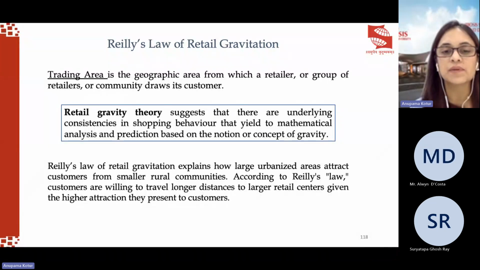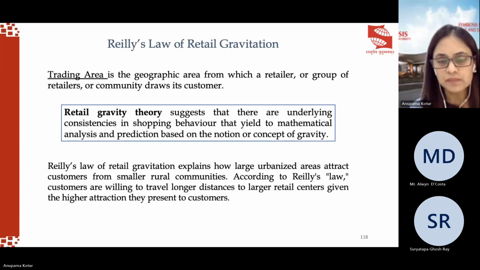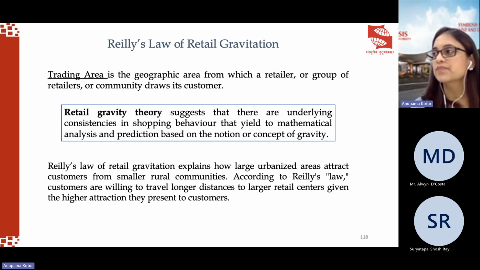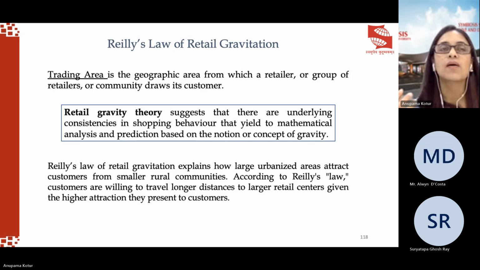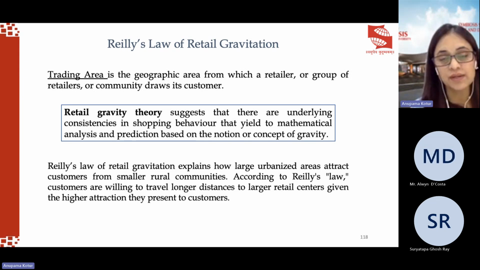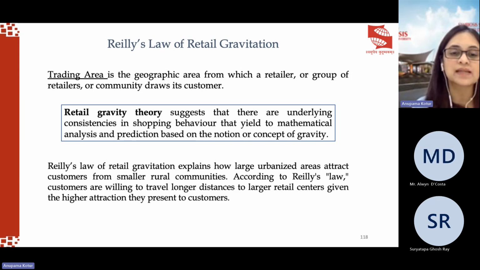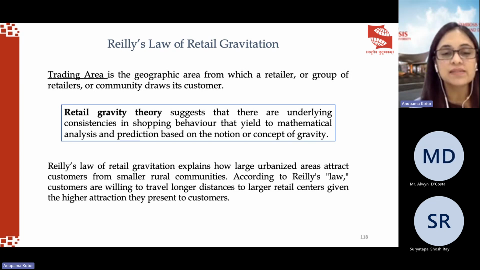And these behaviors essentially determine the shopping patterns, right? And these behaviors really help you predict the number of people that might actually patronize your store. That's what the retail gravitation theory essentially conveys. That's the premise on which this theory is based, right?